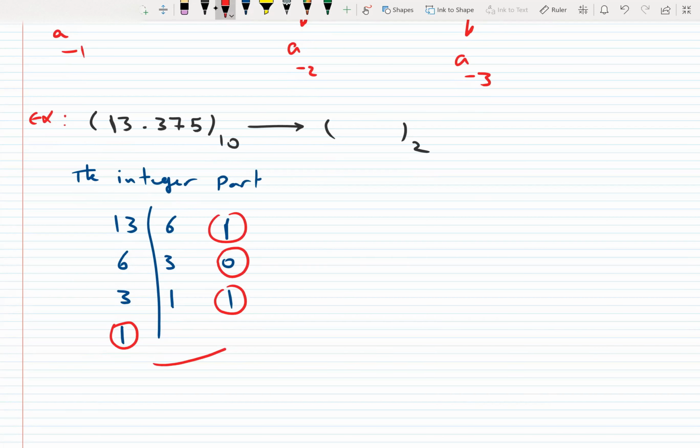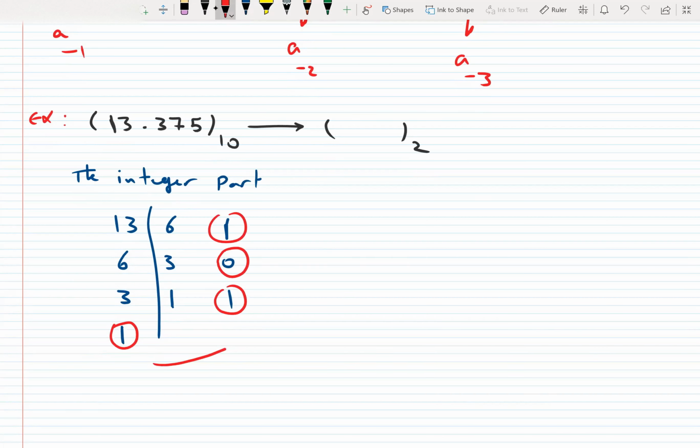Now the fraction part, 0.375. We use the multiplication method. We multiply it by 2, which is 0.75. We keep this integer part, 0. 0.75 multiplied by 2 is 1.5.